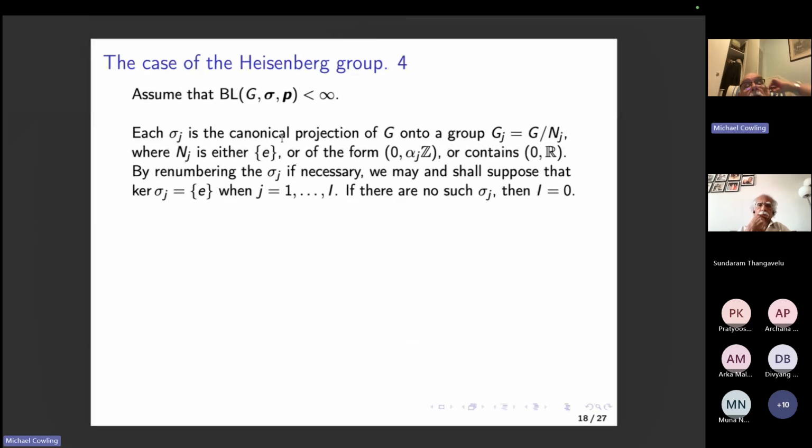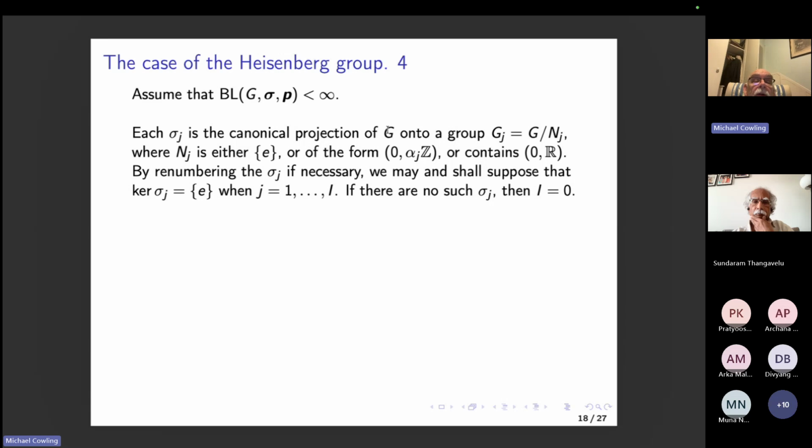Now, let's assume that there is a Brascamp-Lieb inequality, that there is a finite constant so that the integral of a product is less than or equal to the product of L^p norms. Well, each of the homomorphisms sigma j that appears in the Brascamp-Lieb inequality is a canonical projection of G onto G modulo some normal subgroup.